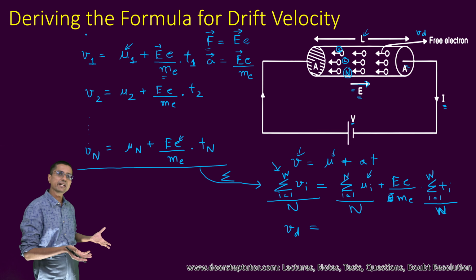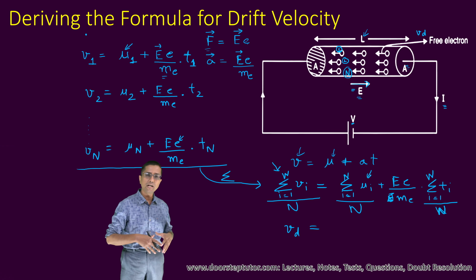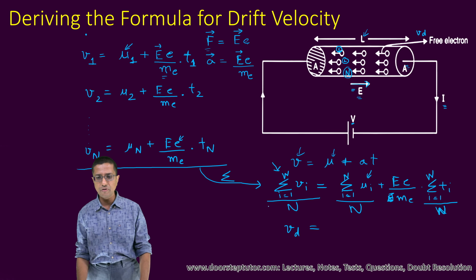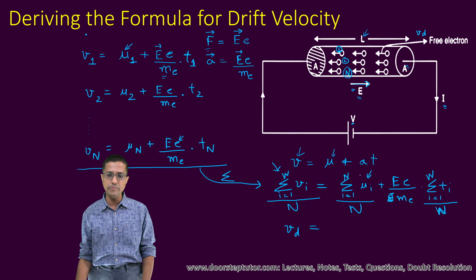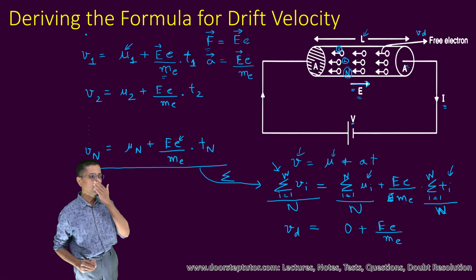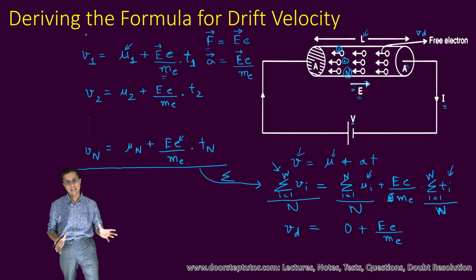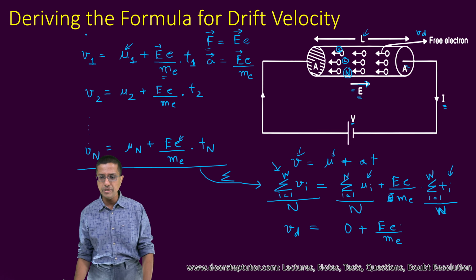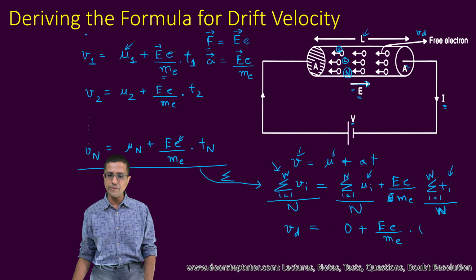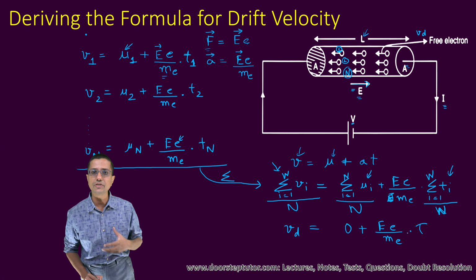They have just collided, which means that their velocities would largely be random. So the sum of these ui's would actually be equal to 0. So this entire term is 0. Plus eE divided by me, times the average time between collisions across all the electrons, and this is defined to be the relaxation time. We denote it by the symbol tau.